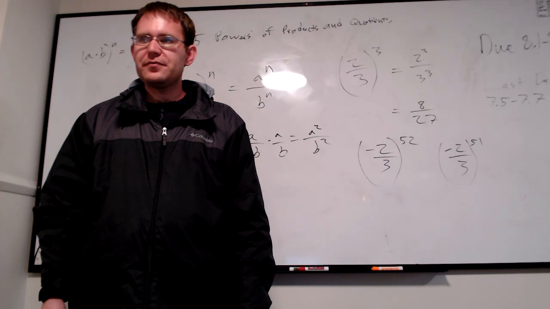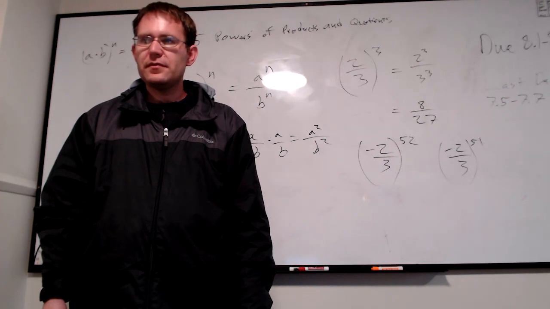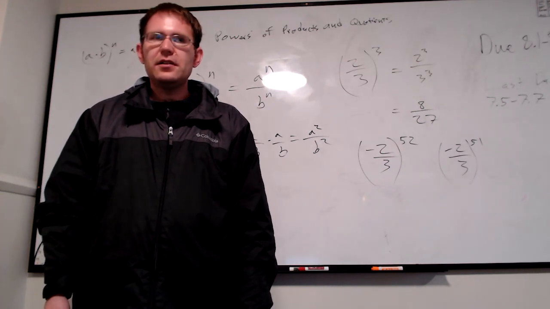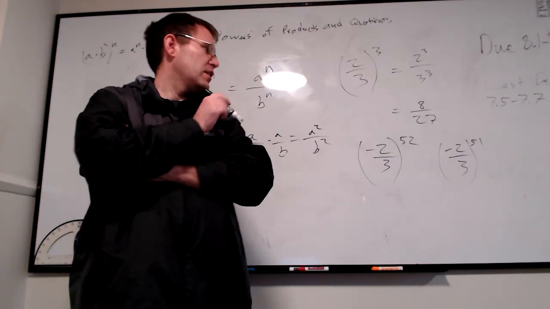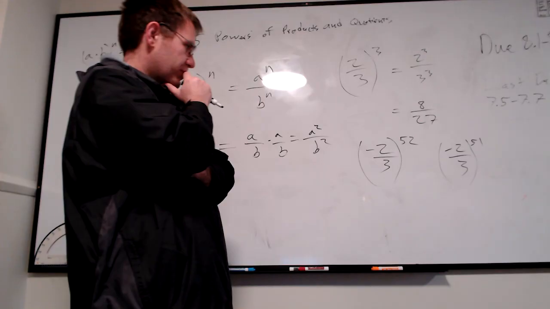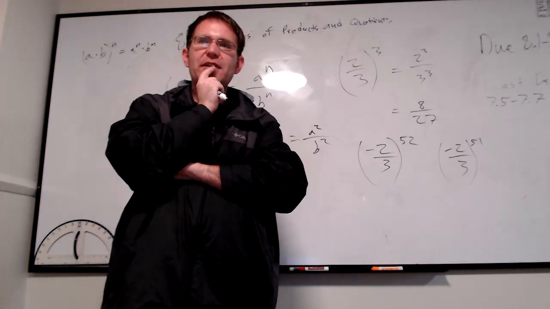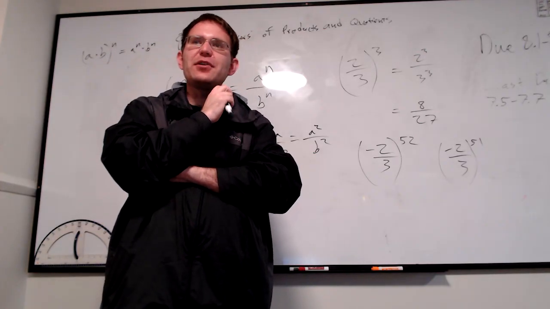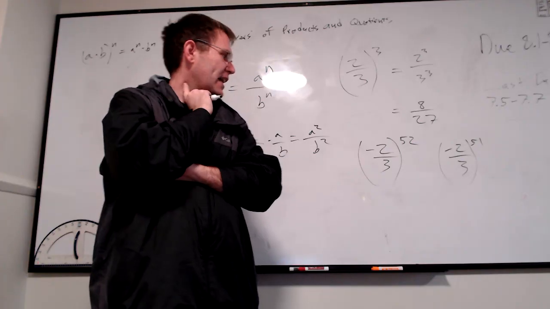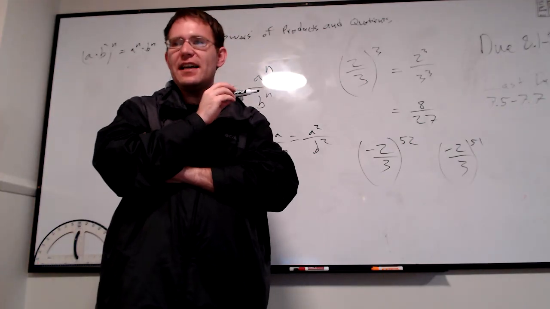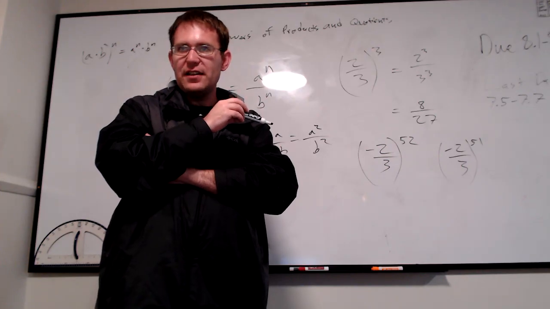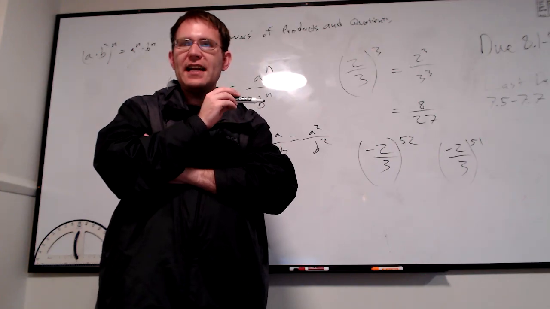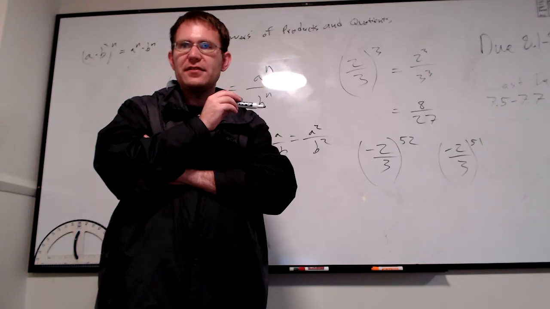And is it the same for negative exponents? So he's asking about negative exponents. It's still the same principle. If it was an even negative exponent, then it would be positive. And if it was an odd negative exponent, it would be negative.